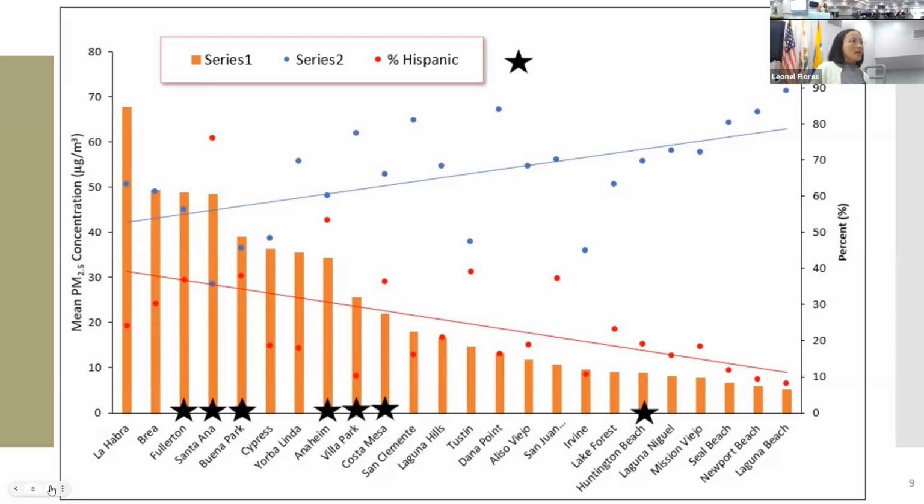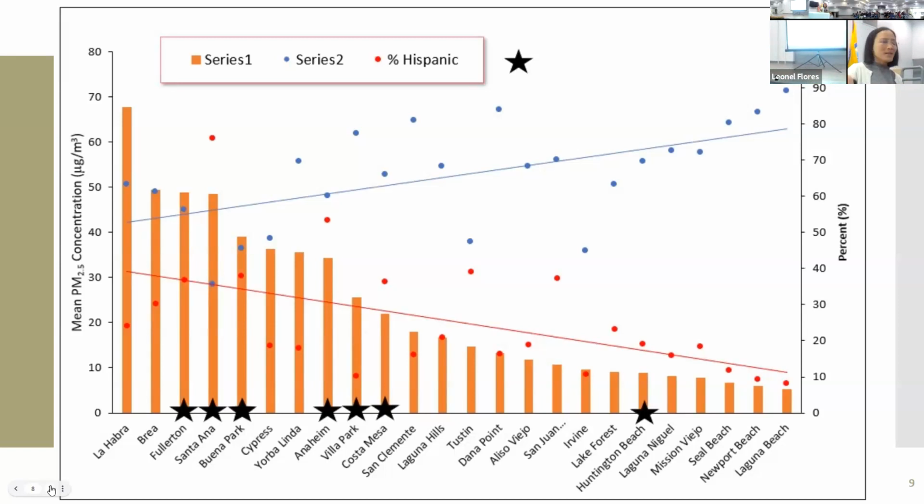What does that mean? The star here represents the cities whose city policy allows street fireworks to be sold and then to be used.